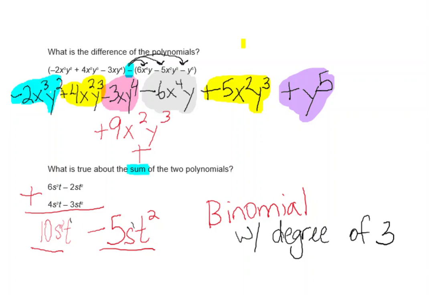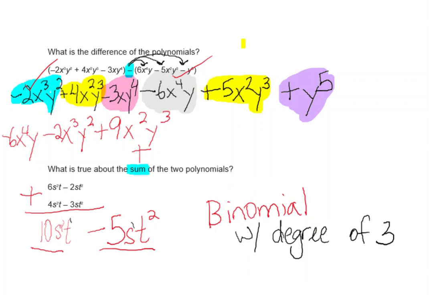And then we're going to start with our highest degree on our x term, which is this x to the 4th. So we're going to bring that term down first, negative 6x to the 4th y. So we've got that one. The next highest degree would be this negative 2x cubed y squared. So you can see we're working our way down, x to the 4th, x cubed, x squared.